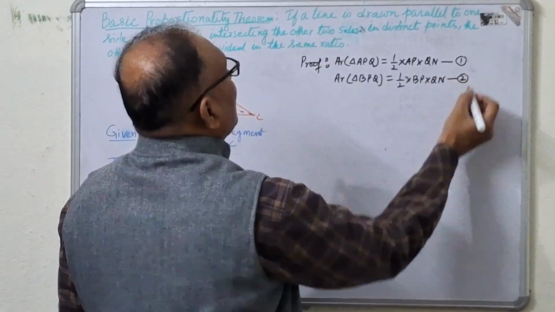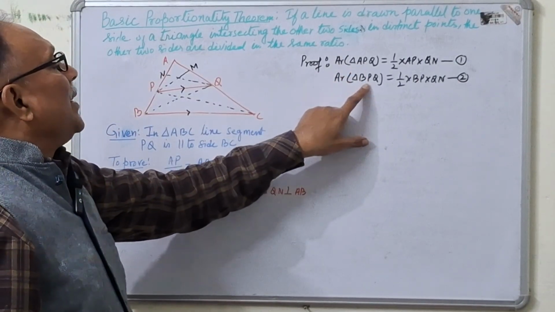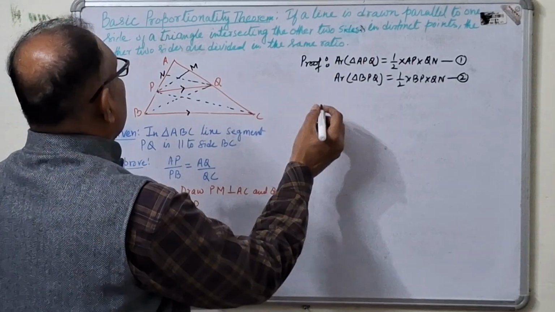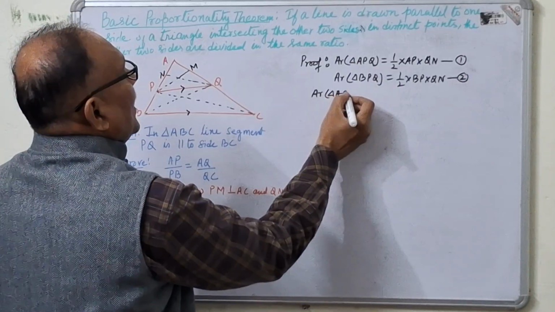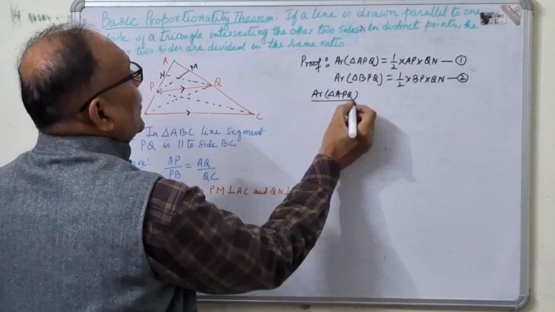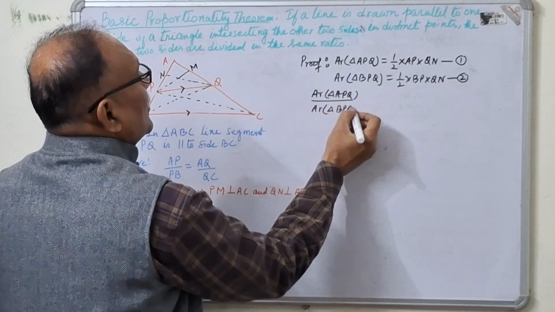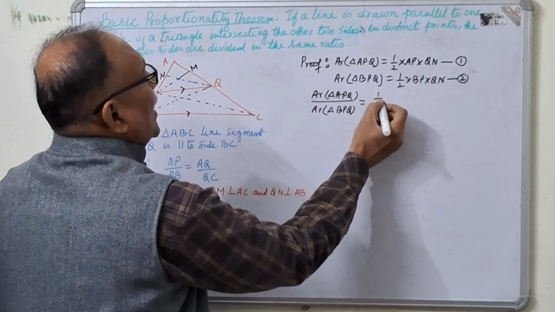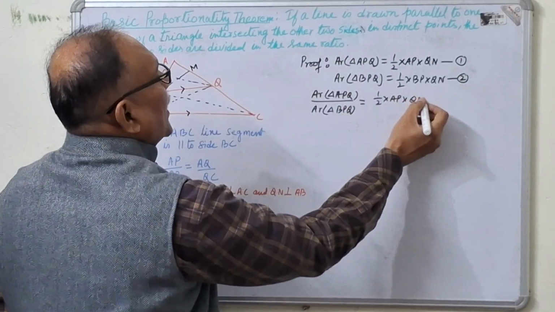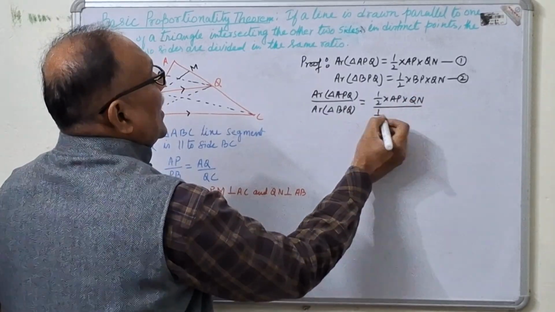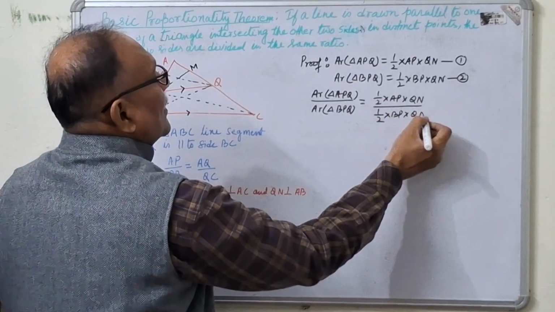Equation number 2. Now the ratio of area of triangle APQ to area of triangle BPQ is equal to half into AP into QN upon half into BP into QN.